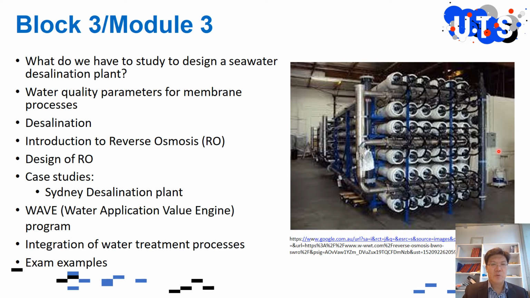So how to design this seawater desalination, water quality parameters for membrane processes and desalination, and an introduction of reverse osmosis, which is the most established technology for seawater desalination, as well as wastewater reuse. So we can learn how to design reverse osmosis, with a case study of the Sydney desalination plant.